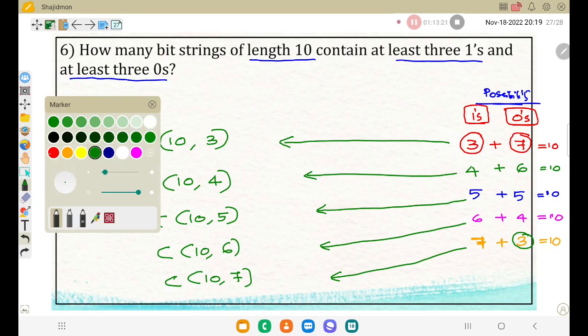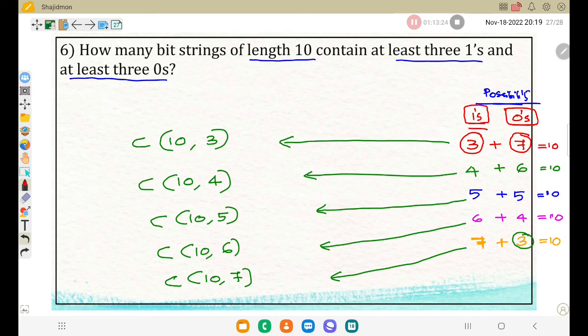You can think about one of the options, because the next option is the same, 3 4 5 6 7, one of the options you can consider. So 10C3, 10C4, 10C5, 10C6, 10C7. Now add all these, plus this plus this plus this, and you will get the total answer: the total number of bit strings of length 10 with at least 3 ones and at least 3 zeros.